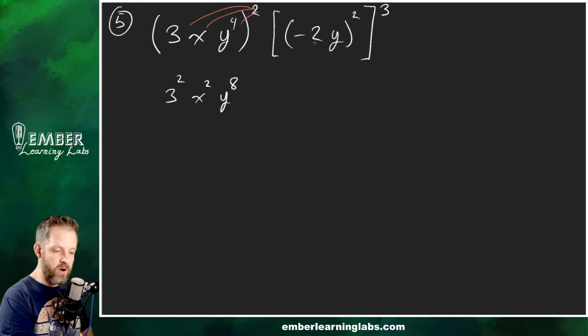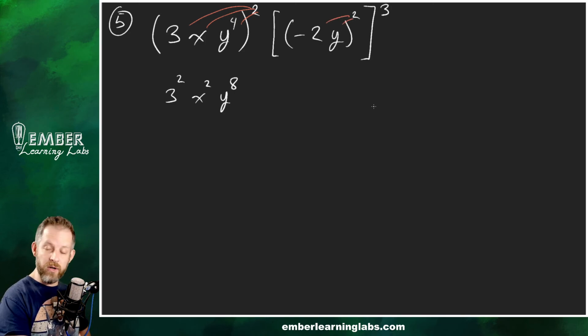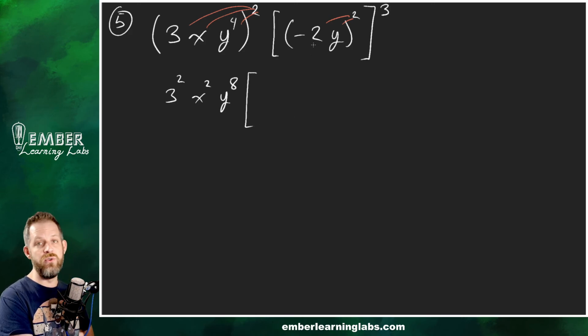And then this one, we've got double parentheses, right? So we're going to work from the inside out. So we're going to distribute that guy. Now, this one is kind of a little bit tricky in a way because this negative 2 is squared. And a negative times a negative is a positive.